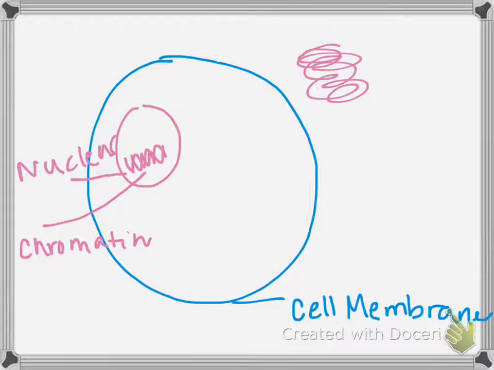Why is that beneficial? Yep, that's your chromatin. It's loose so that you can access genes. So you can do DNA replication or you can do transcription when it's in chromatin form.